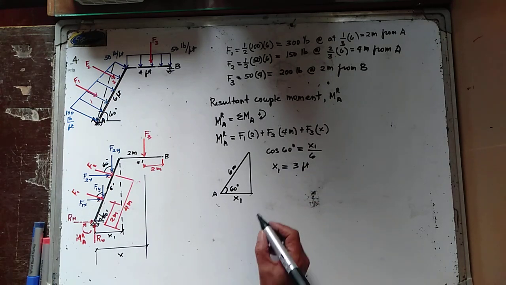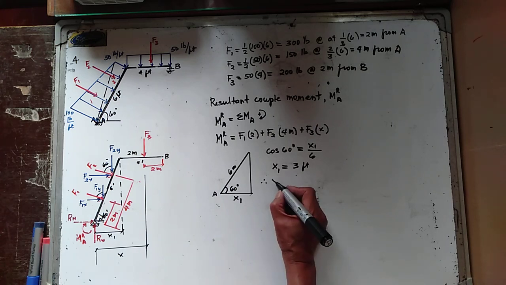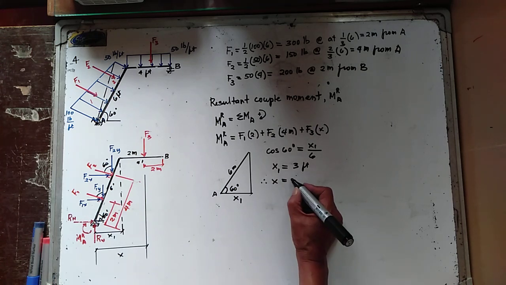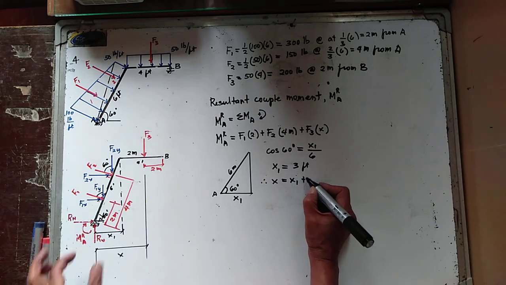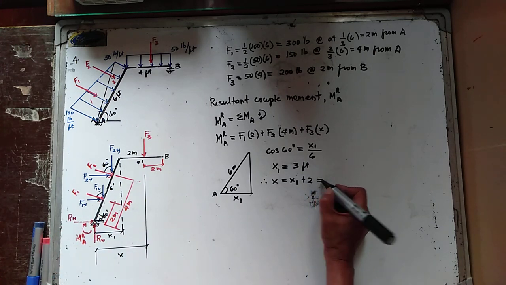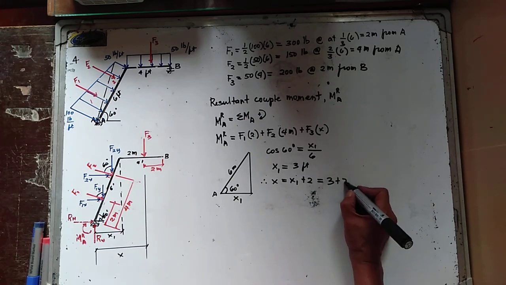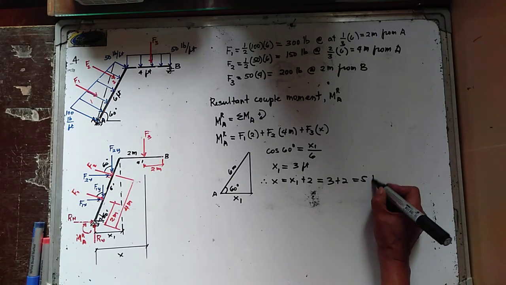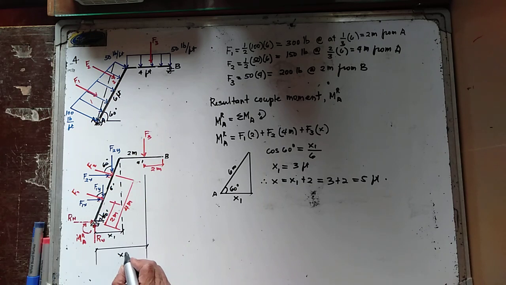That is now X1. Therefore, your X is equal to X1 plus 2, that is 3 plus 2, or 5 feet. So your X in here is now equal to 5 feet.